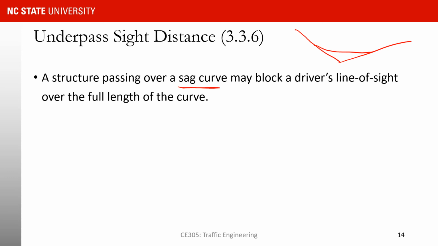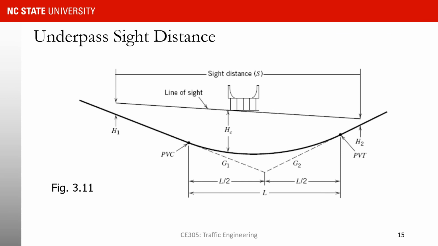But what if you have an overpass? So if you have a vertical curve like this and you are going under something, so now this overpass that is there is going to limit our sight distance. So all the equations that we have are going to change. So we want to see how this whole thing works.